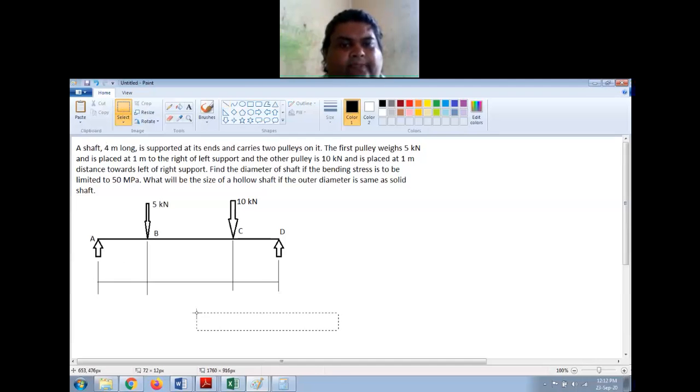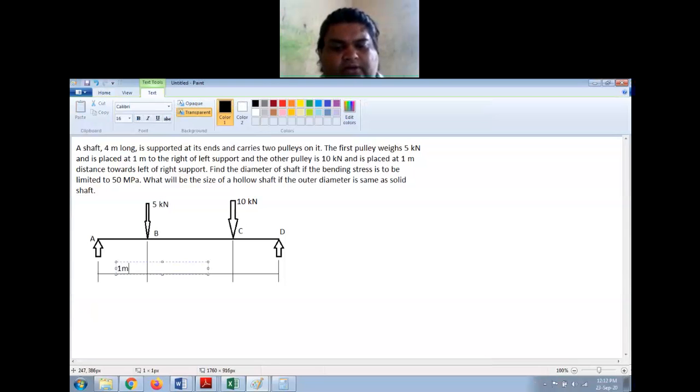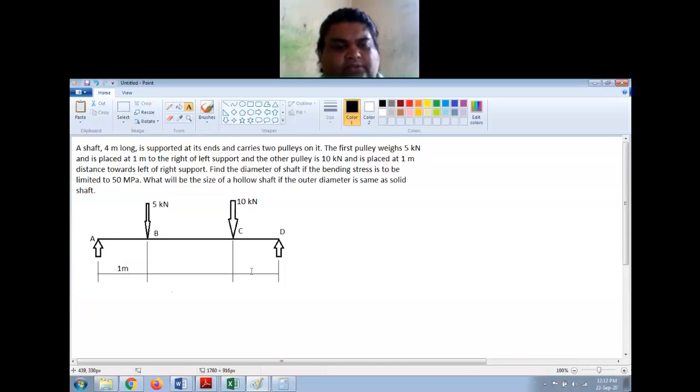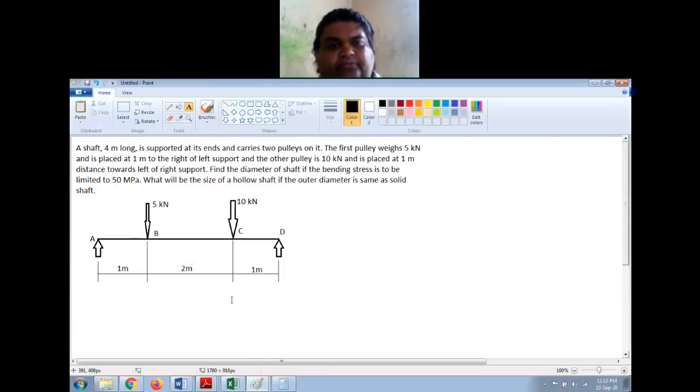Okay. Should be fine. Now this is 1 meter, this is 1 meter, and the total length is 4, 4 minus 2, so this is 2 meter, right? So this is the arrangement of the beam that is given.